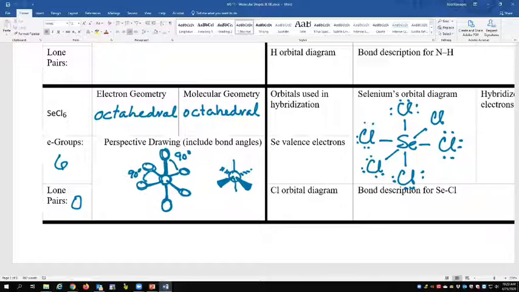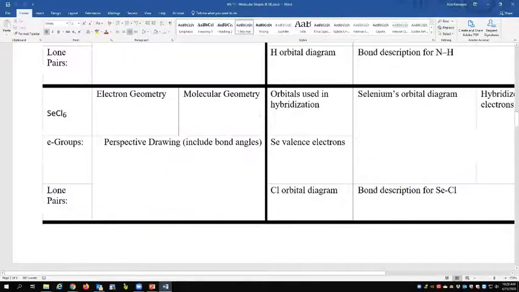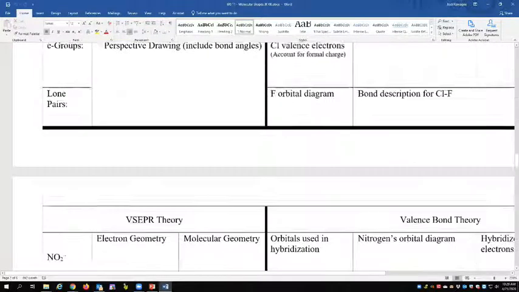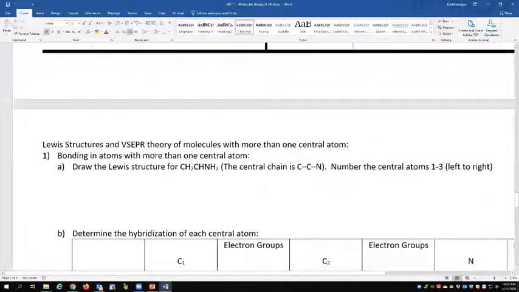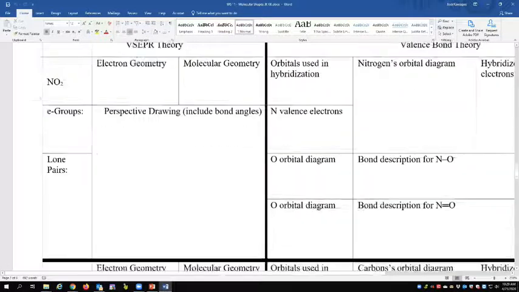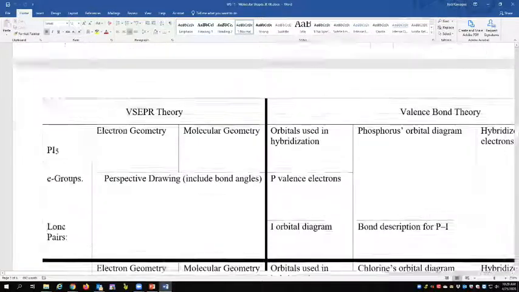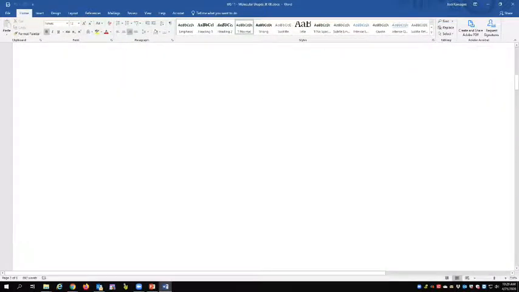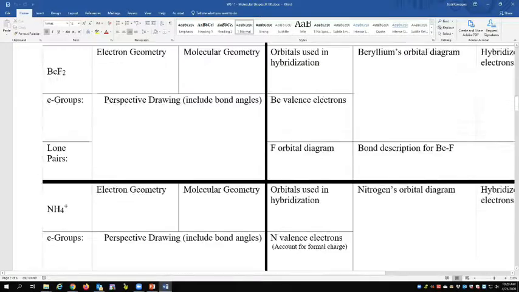Can you do one that has, like, PO4 3 minus? Sure. Is that one of the ones on here? Yes. Why can't I find it?